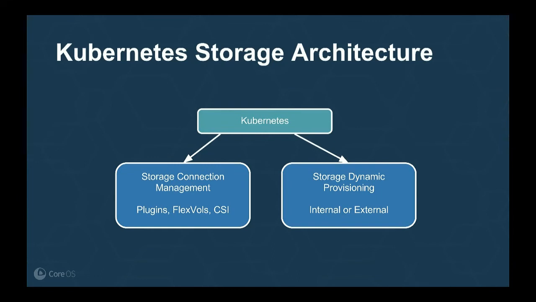So now that we understand how Kubernetes uses storage, let's take a look at how it actually delivers that internally. There are really two sections in Kubernetes architecture that manage storage. The first manages connections, mounts of the storage systems, and the formatting of them.